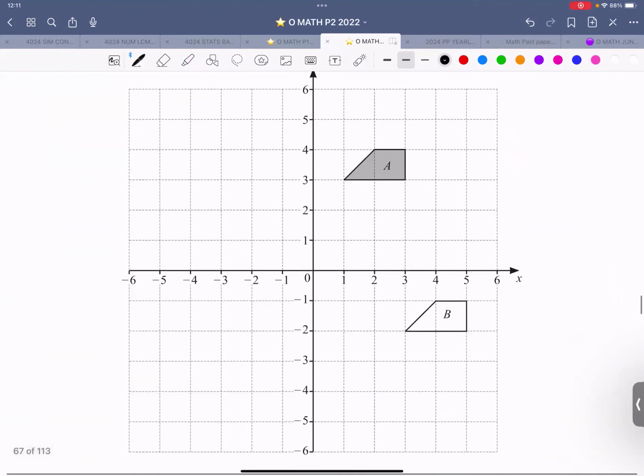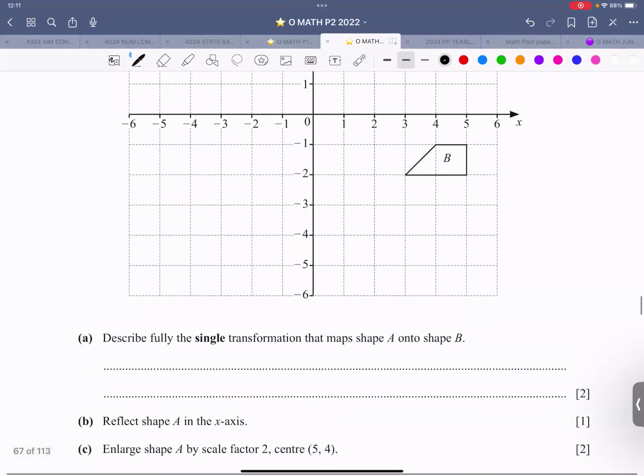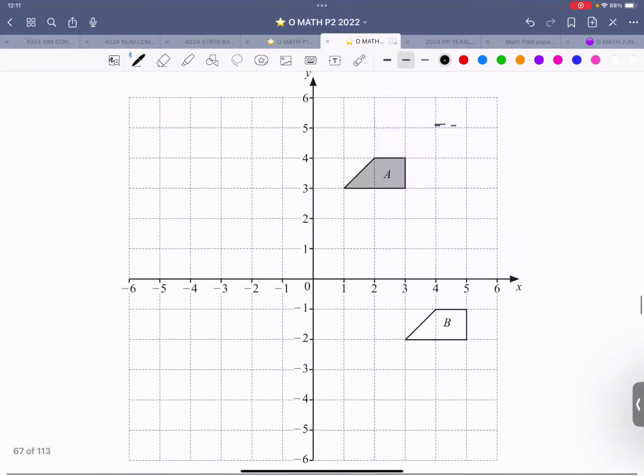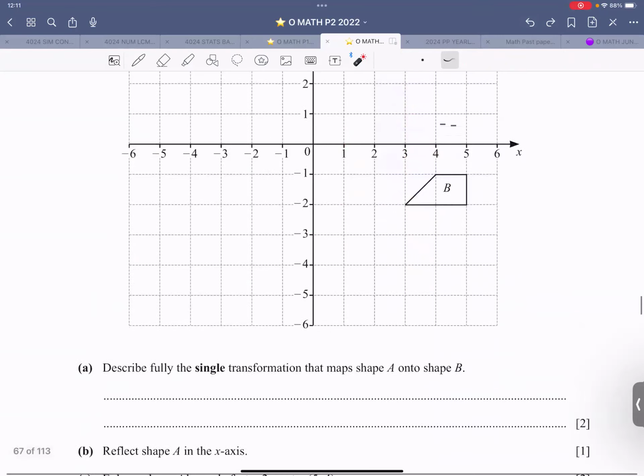The question says, describe fully the single transformation that maps A onto shape B. So this is A going towards B, like this. This is translation. Just focus on this point. This is 1, 3. And this point is 3 and -2. So basically, we are moving 2 units right, and then 1, 2, 3, 4, 5 units down.